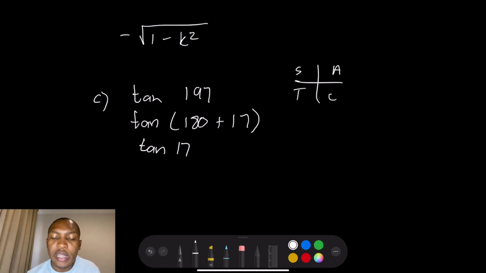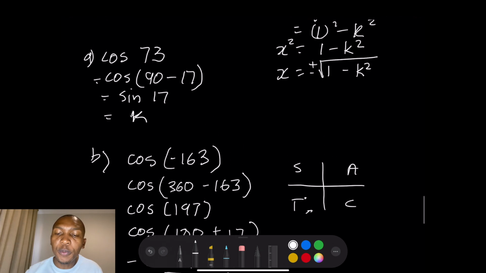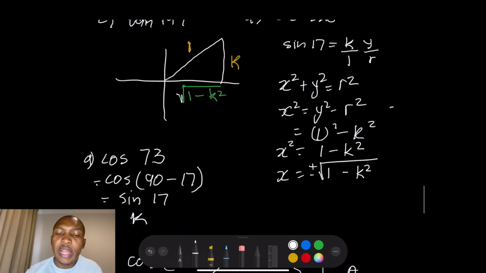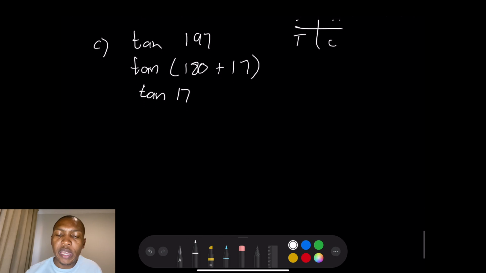So in this case, tan of 17, that's going to be y over x. So our y value is k, and our x value, we said that's the square root of 1 minus k squared.